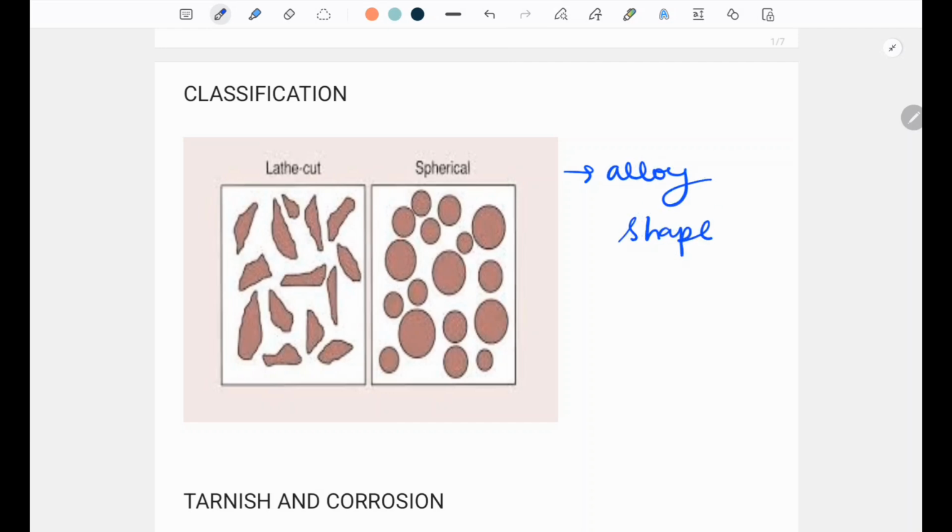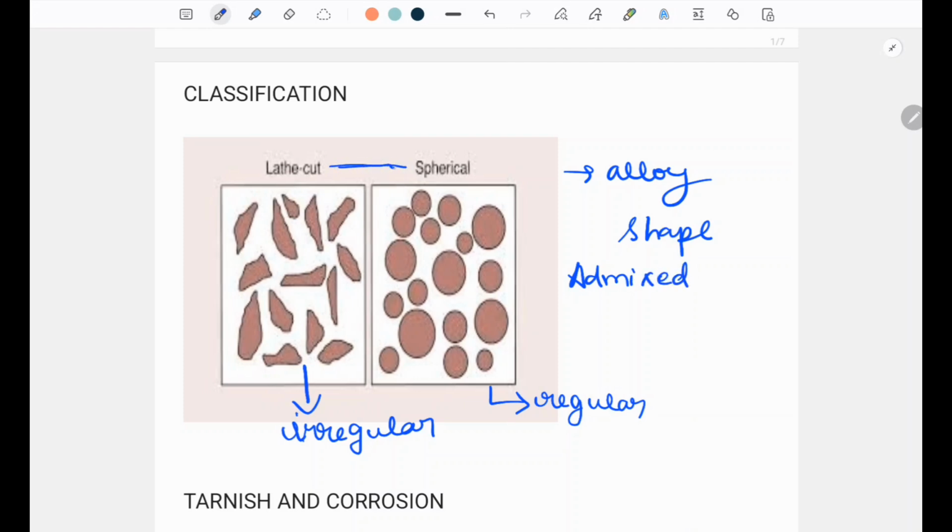That is lathe cut, which is irregular, and spherical, which is regular, and we have another type called admixed, where we have both lathe cut and spherical together.